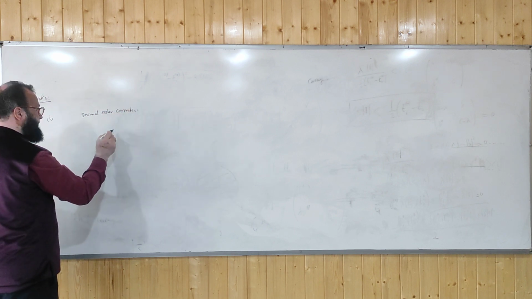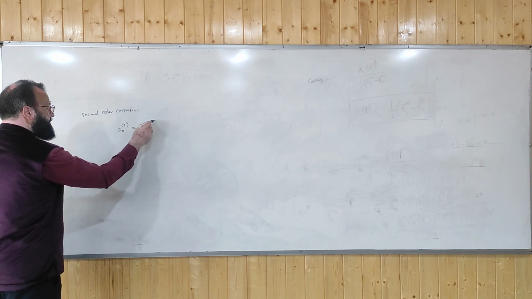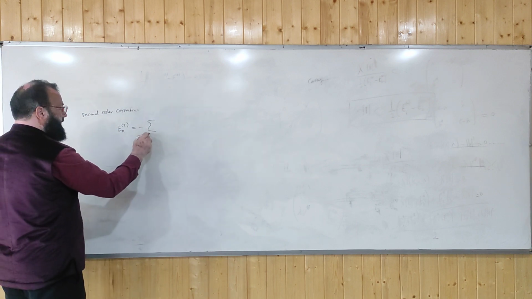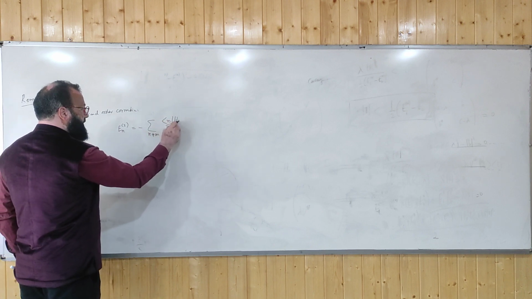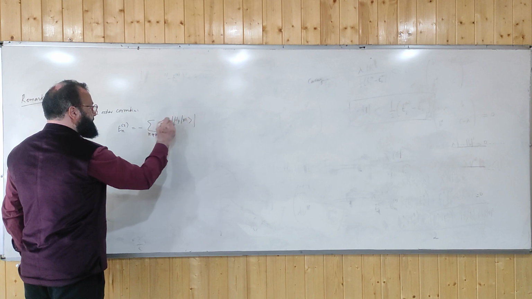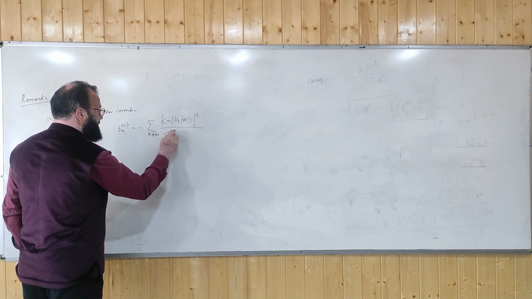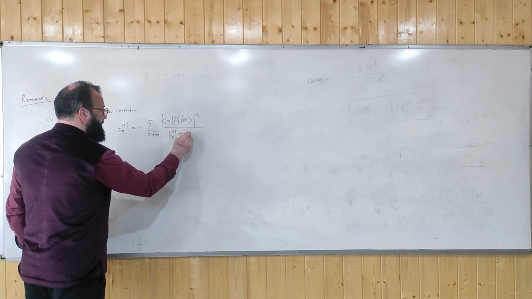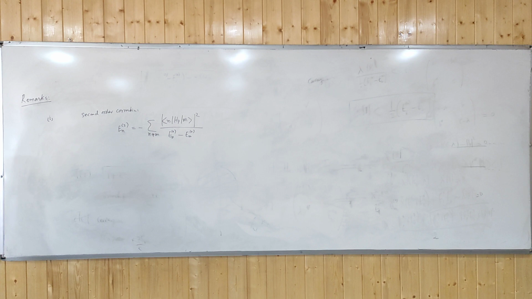It is something like a sum over m not equal to n of the mod of the matrix element squared divided by the energy difference. This is the second order correction, and here it will be more apparent.